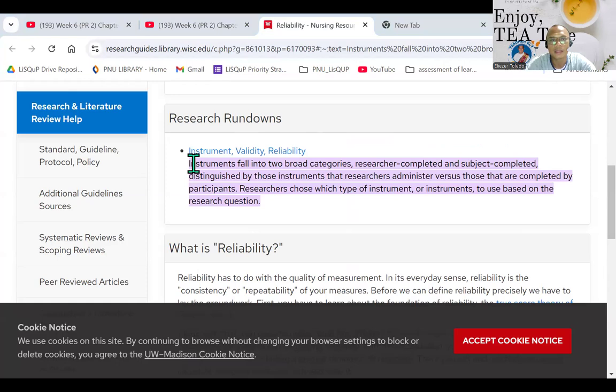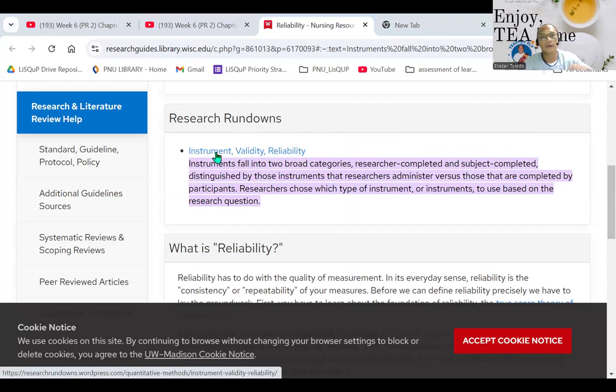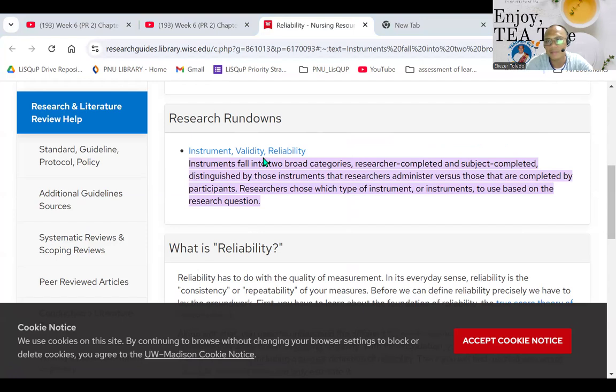Let's move it. So, instrument validity and reliability. Every time we talk about instrument, validity or reliability is attached.